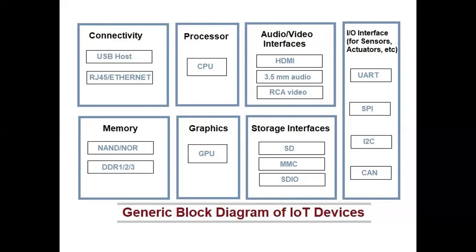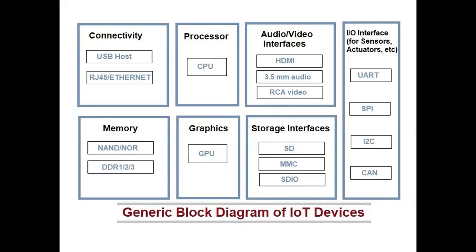There will be a processor, a CPU, to execute any operation, logical, mathematical, or any kind of operation. In case a higher-end processor is needed, there is an option for GPU also, with which you can handle and analyze images. So you have GPU and CPU.